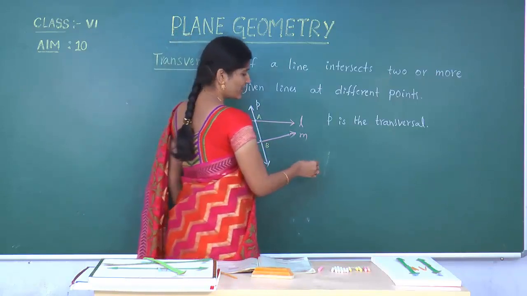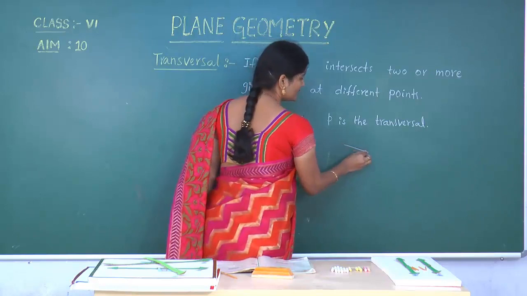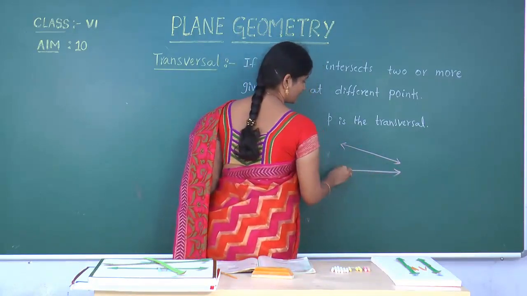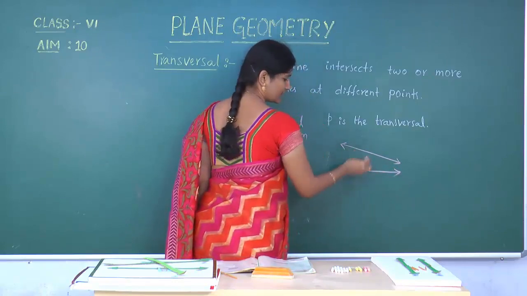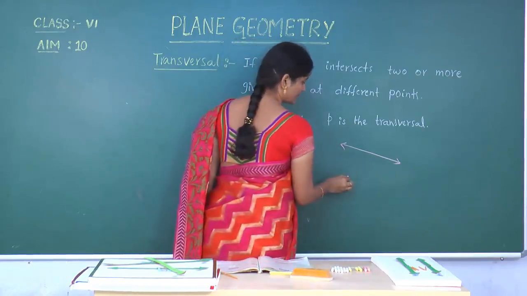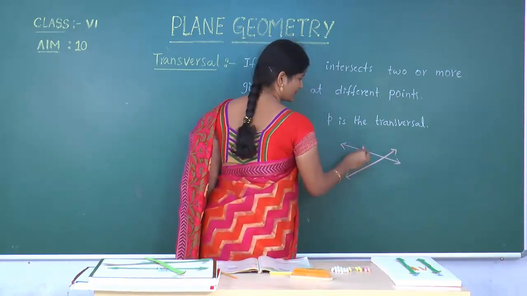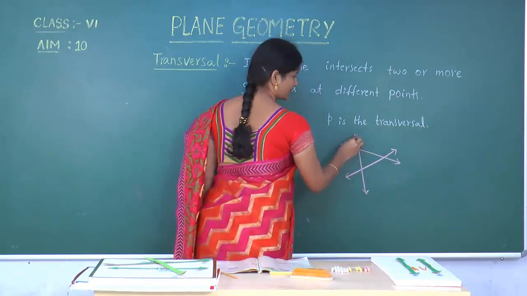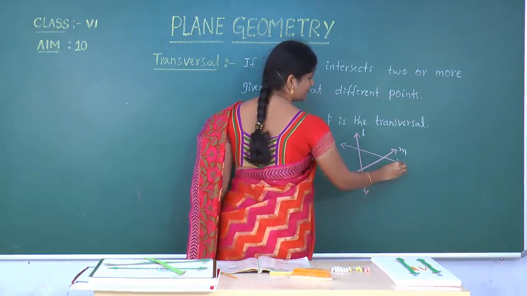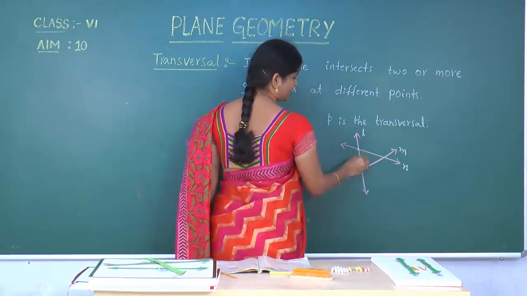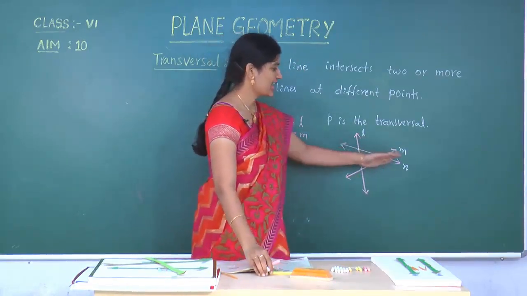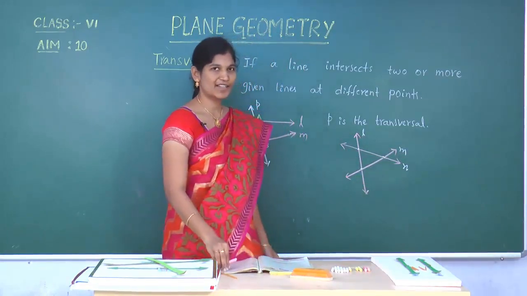And here observe one more diagram. L, M, N. Among these three lines, can you say what the transversal is?